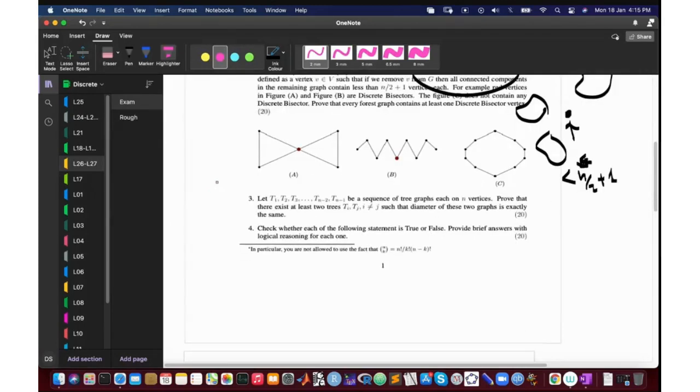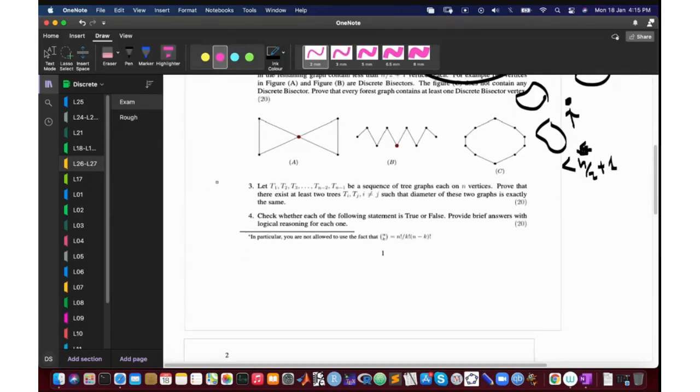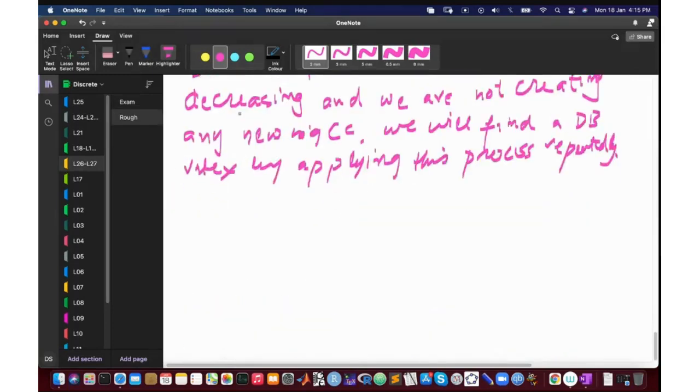Okay. So here's part 3, which says that you have a sequence of trees on n vertices, and you need to show that there exist two vertices such that their diameter is equal.